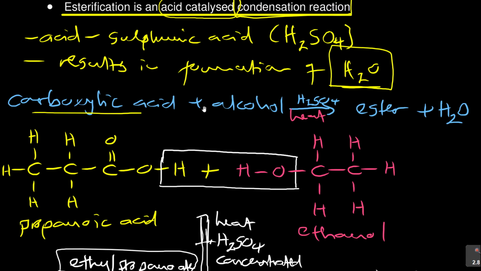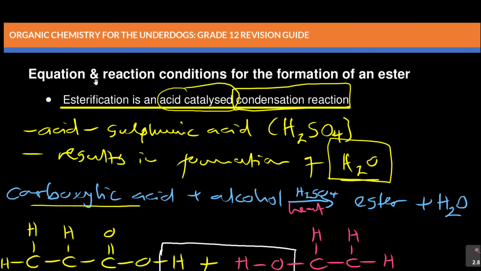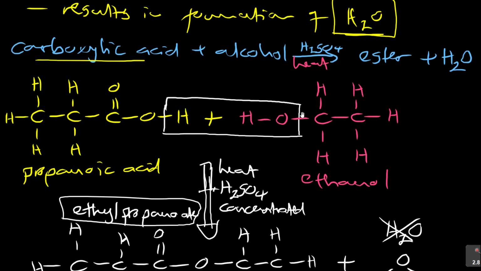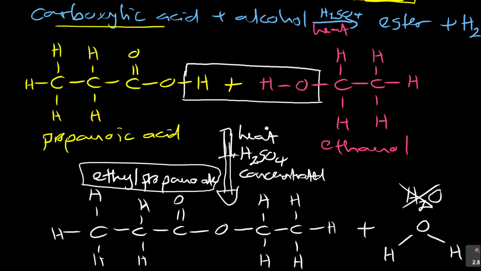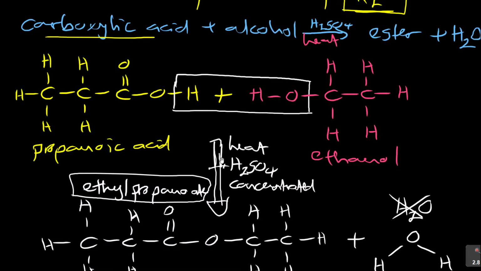So that's why here it says reaction conditions and the formation of an ester. So when you're looking at the reaction conditions, the structural formulas, the IUPAC names, and the products that are formed, that is what they mean when they're saying you are forming an ester. The key part, guys, it is this.